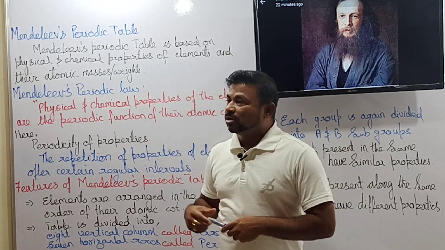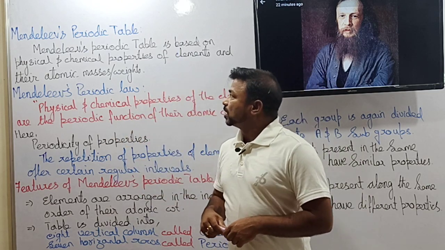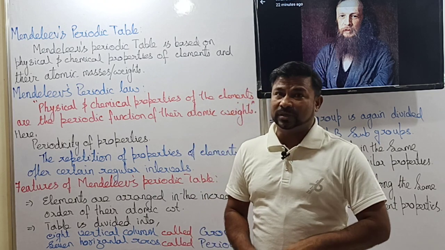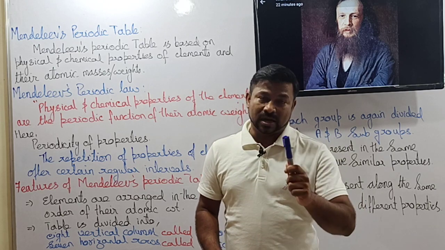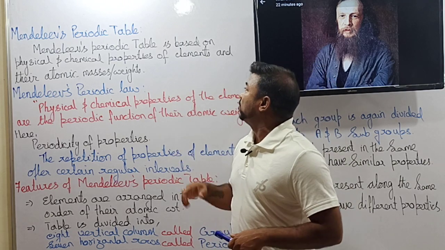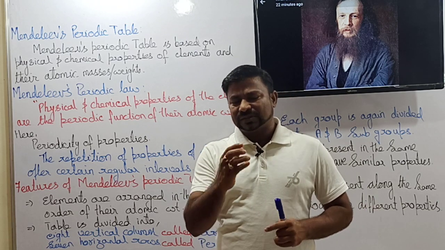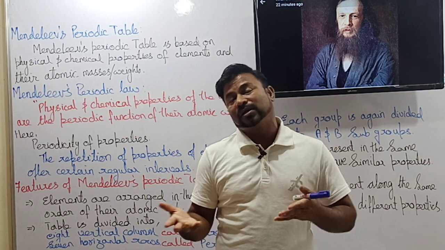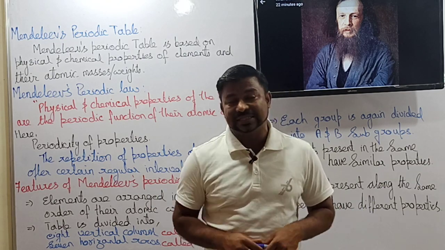Mendeleev's periodic table is based on both physical and chemical properties, but the main property he is dealing with is atomic mass or atomic weight. That's what he says. Mendeleev's periodic table is based on physical and chemical properties of elements and their atomic masses or atomic weights. That's the main thing. He is dependent on the chemical property, which is very important, that is atomic mass or atomic weight. You have to consider that one.